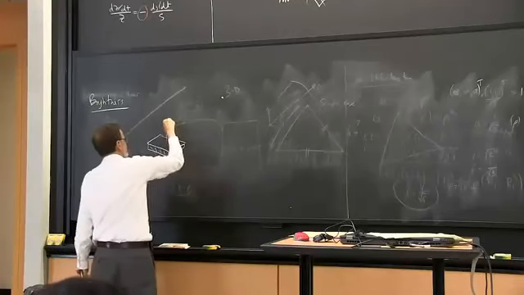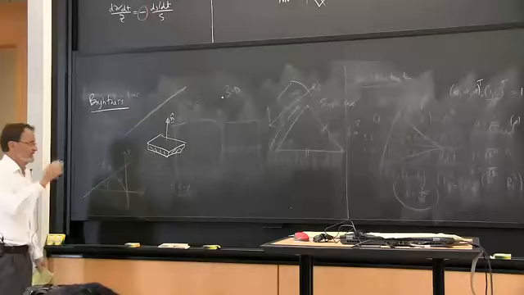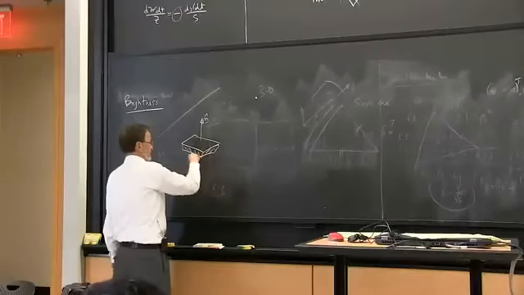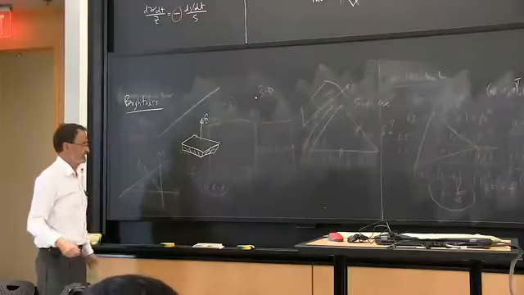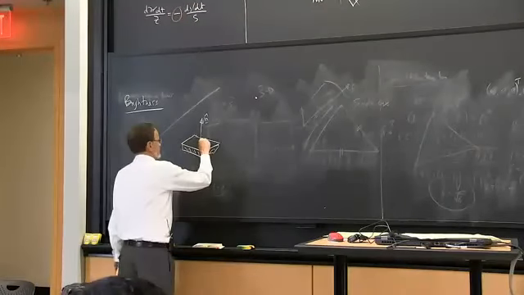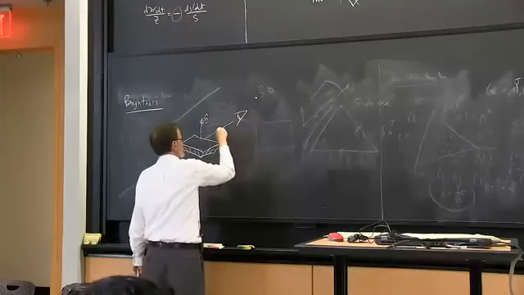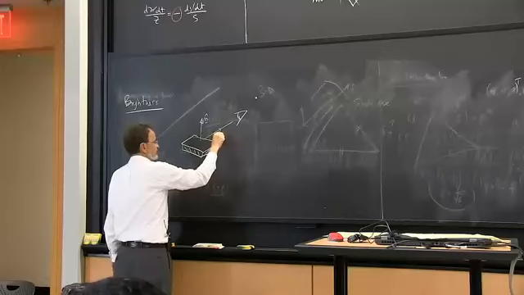So here's a small facet of the surface of an object, and we can specify its orientation by talking about the unit normal. And then here's an observer. And let's call this direction the viewing direction.